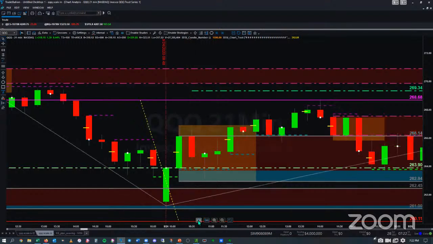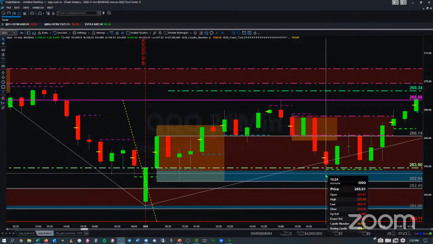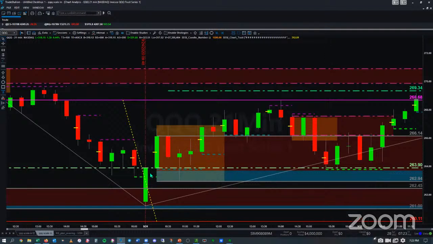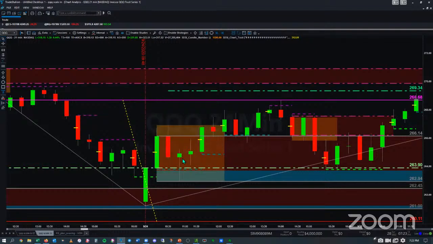And you can see here that you hit a low of 263.79 and the low was 263.80.